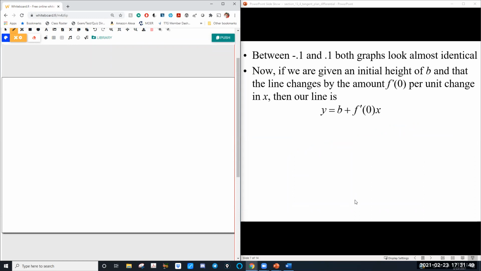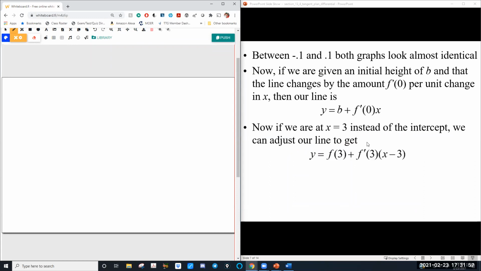And our formula for the tangent line, if it's at 0, is b plus f prime of 0 times x, where f prime of 0 is our slope. All right, well, if we're doing it at 3 instead of 0, we just make a small adjustment. This should look familiar. This is a first order Taylor polynomial. You guys did those in Calc 2.